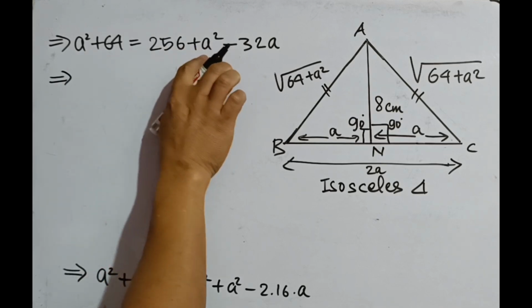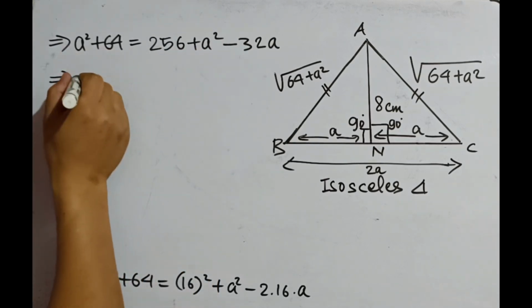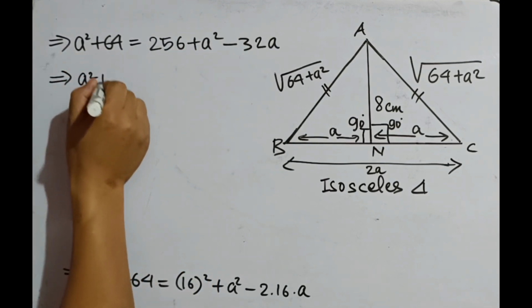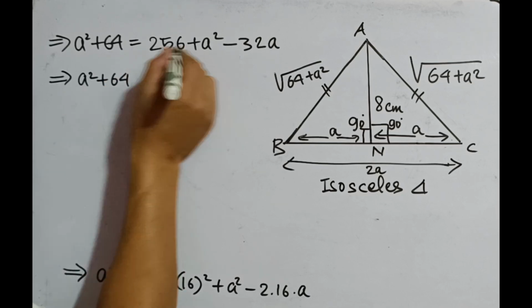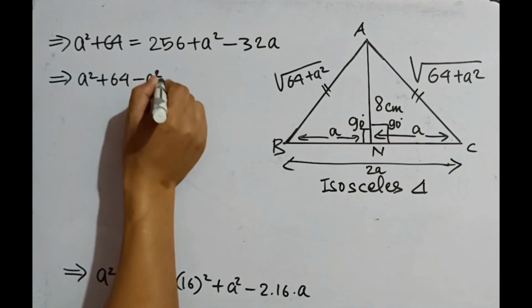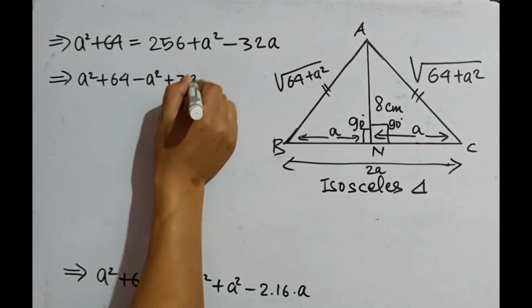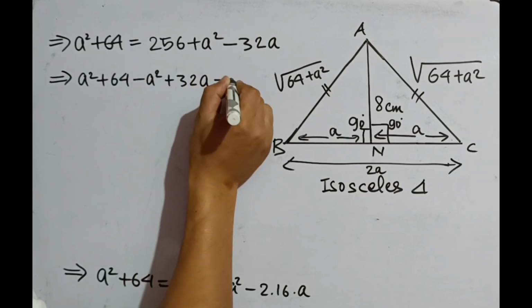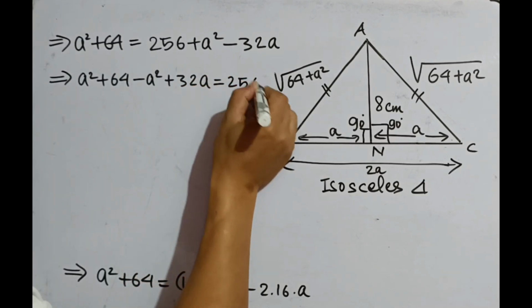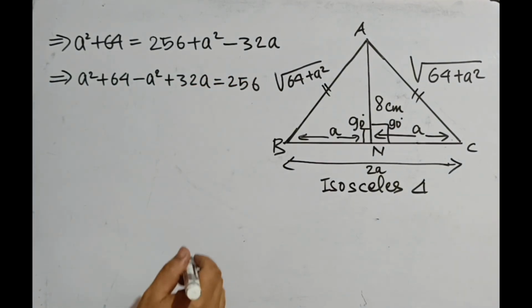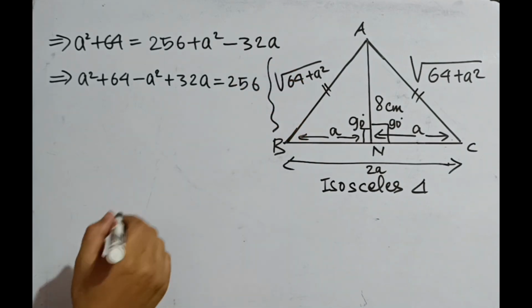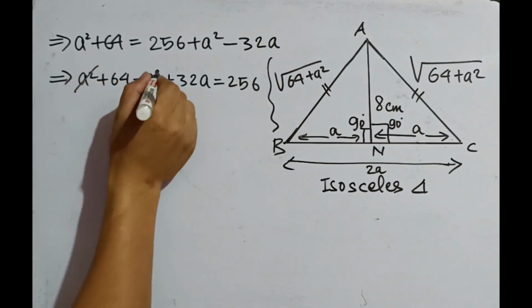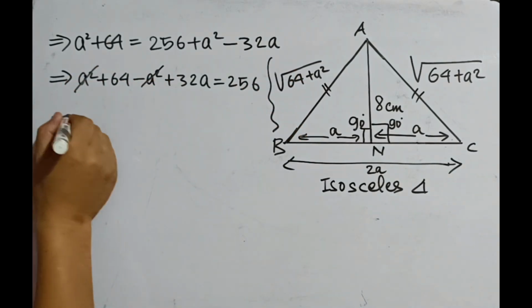Now in the next line we can bring these two terms to the left hand side. So the left hand side becomes a square plus 64, this becomes minus a square, this becomes plus 32a, and in the right hand side there is only 256. Plus a square and minus a square are cancelled.